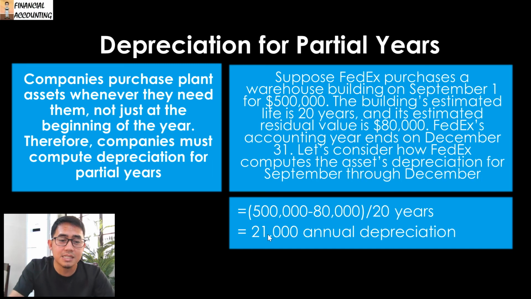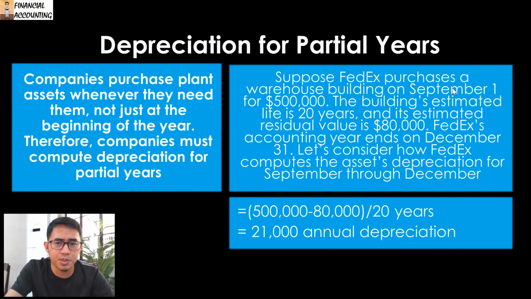Okay, take note of this. This is yearly depreciation. On the first year, since we purchased the building on September 1, there is a rule in accounting that you only depreciate an asset when it is already available for use.